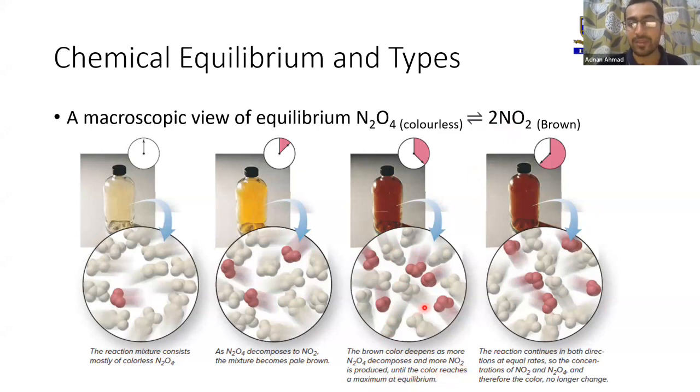At this instant, we have achieved chemical equilibrium, with this dark color, where the rate of the forward reaction is equal to the rate of the reverse reaction. This reaction achieves equilibrium, right? So this is how we can visualize our equilibrium reactions.